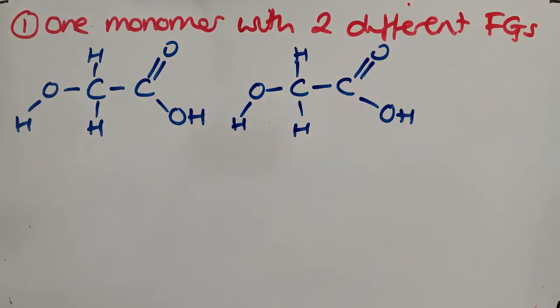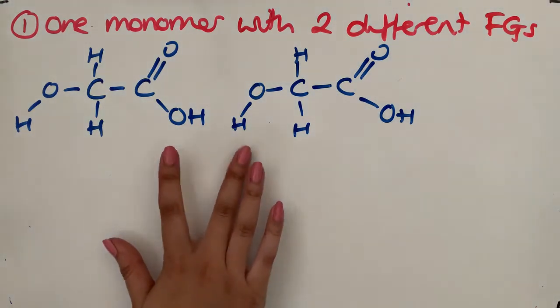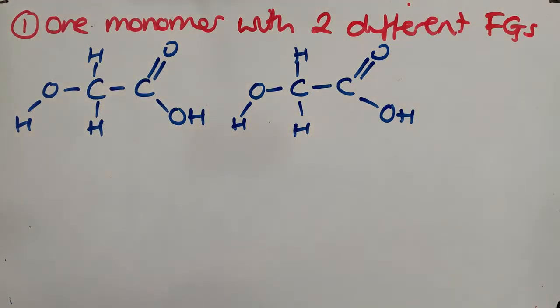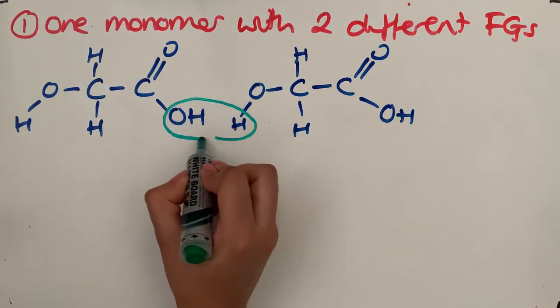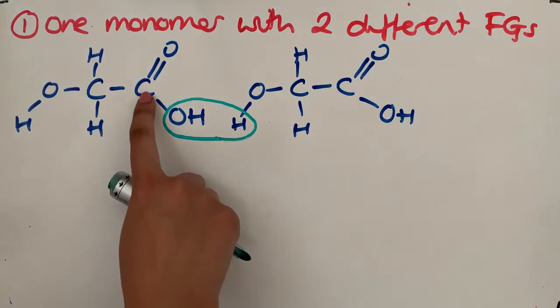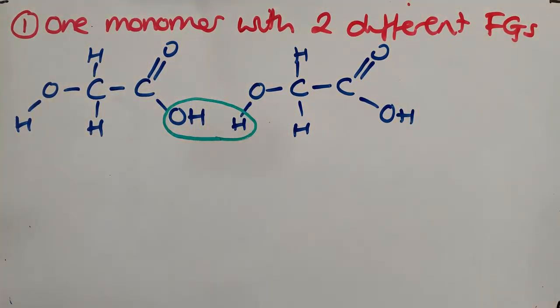And we can now see how that ester bond is formed between these monomers to form the polyester. Now, when we form an ester using a carboxylic acid and alcohol, we lose a water molecule, and the water molecule that we're losing is this H2O over here, therefore forming a bond between this carbon and this oxygen here.